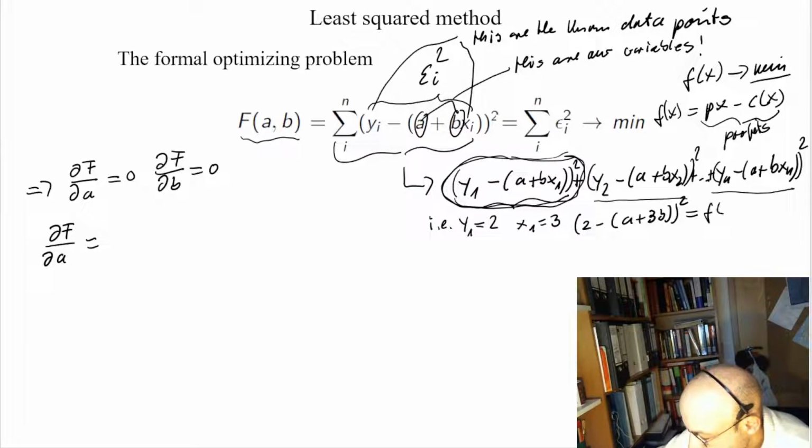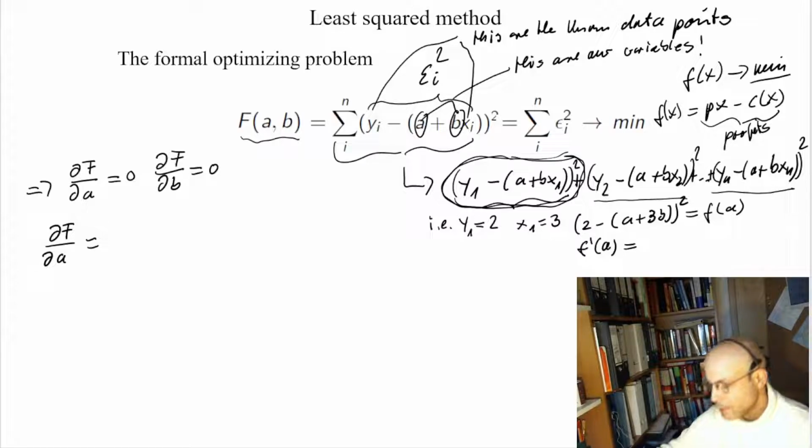This is a function f of a. What is then f prime of a? No idea?